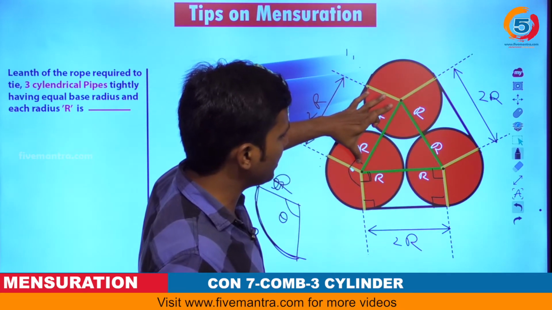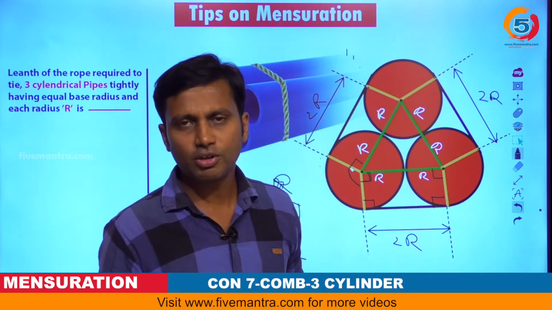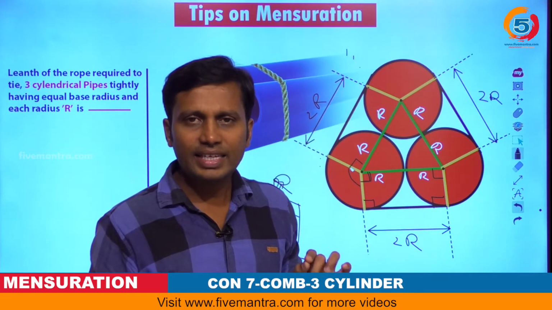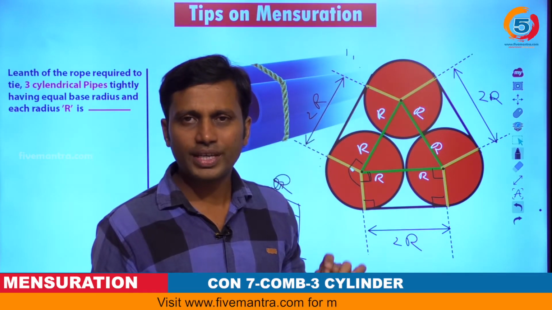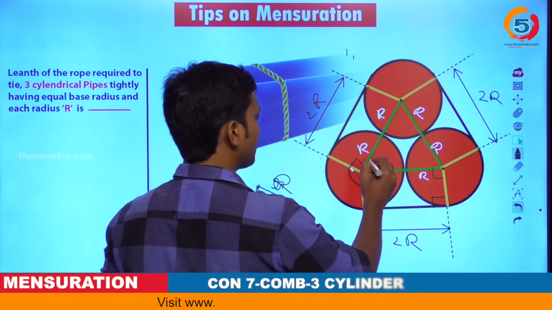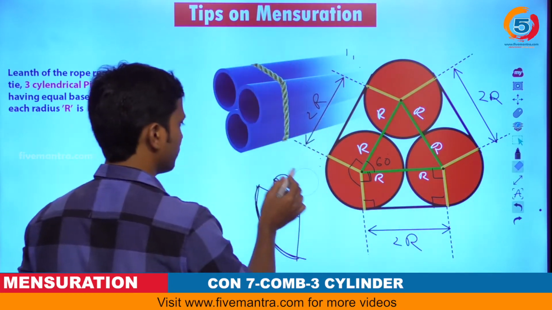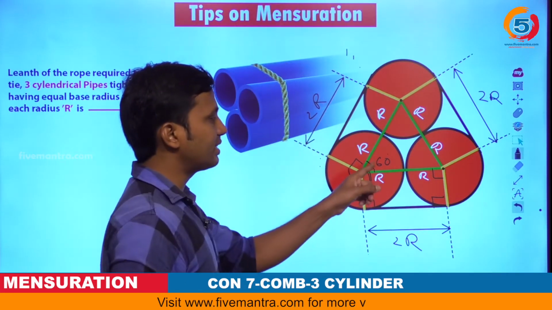Here also you can observe this is 2r, this is 2r, and this is 2r. So equilateral triangle is formed or not? So what is each angle at the corners of an equilateral triangle? 60 degrees or not? So this is again 60 degrees.